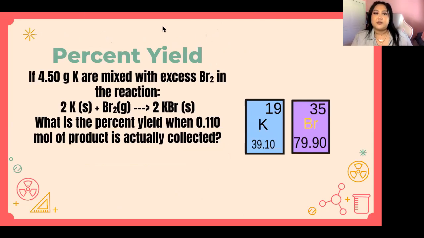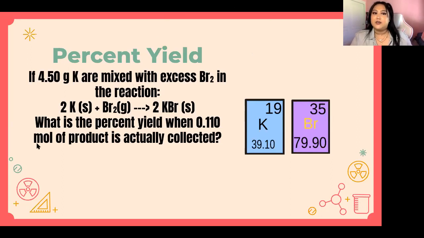Okay, so this one is: if 4.5 grams of potassium are mixed with excess Br2 in the reaction that is given, what is the percent yield when 0.110 mole of product is actually collected? So going back to a student who asked earlier if we were supposed to compare the moles or the grams, it just depends on what the problem is giving you.